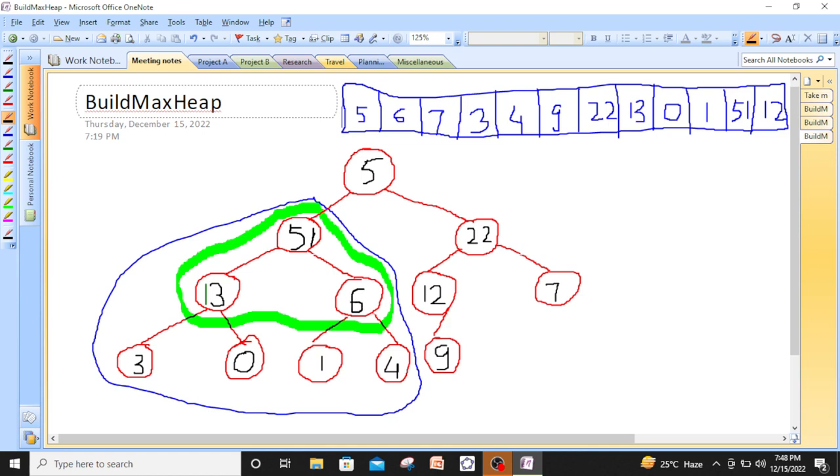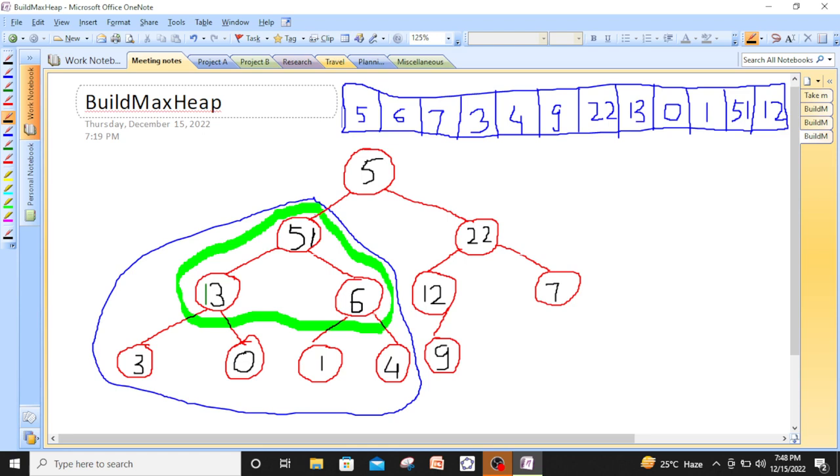Now the working with 51 and 6 is complete.